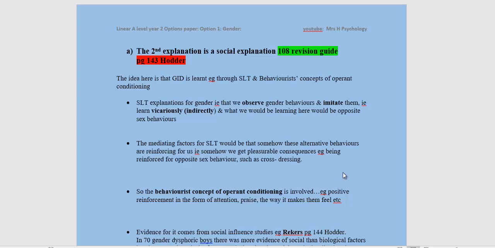Obviously, we want to refer to operant conditioning, so reinforcement, which comes from the behaviorist concept of operant conditioning. Reinforcement is going to be used. For example, positive reinforcement may be in the form of attention or praise, the way it makes them feel, so if they feel happier identifying as the opposite sex, they are going to be reinforced for it.